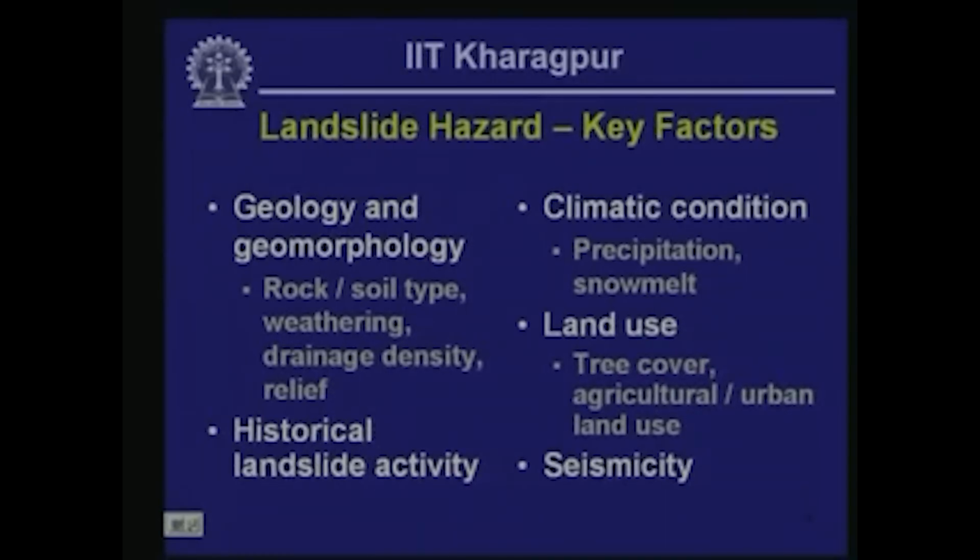For instance, in many areas in the Himalayas, landslide occurrence is greatly affected by whether or not there is a highway passing through that particular area, because in many instances during the construction of the highway, hill slopes are steepened locally, and those hill slopes are often prone to landslide hazards.